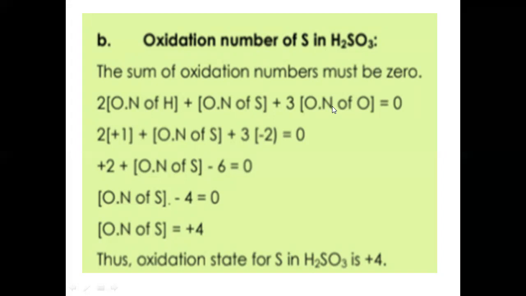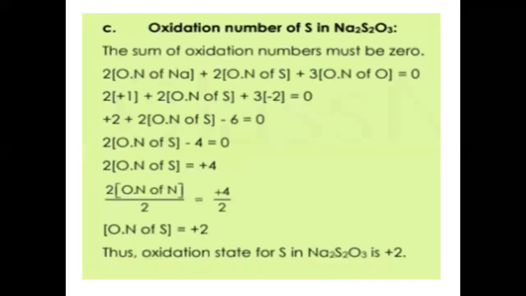Oxidation number of one hydrogen is plus 1 because it is present in group number 1 of the periodic table, and that of oxygen is minus 2. Minus 2 into 3 is minus 6, and minus 6 plus 2 will give us minus 4, and by shifting it at the other side is plus 4. So oxidation state for sulfur in sulfurous acid is plus 4.